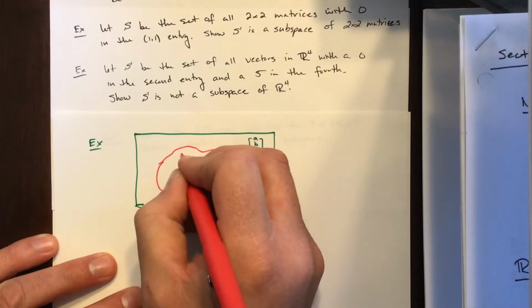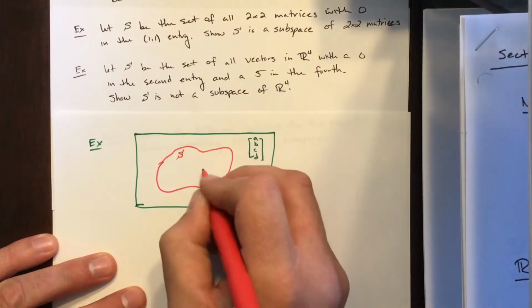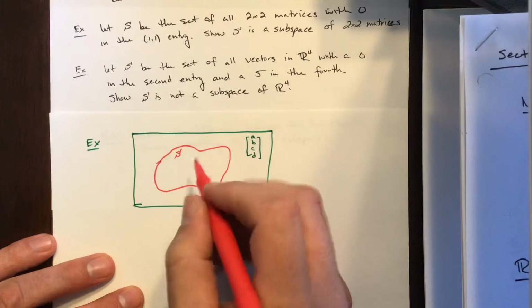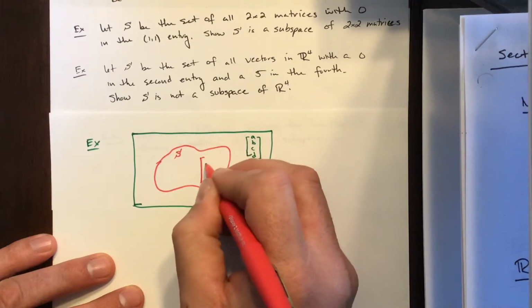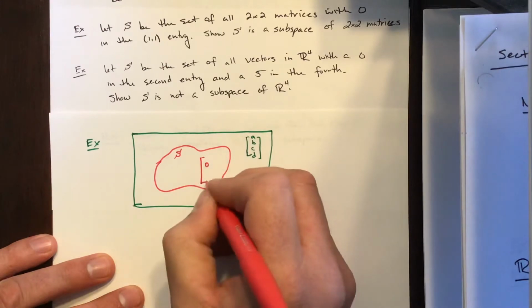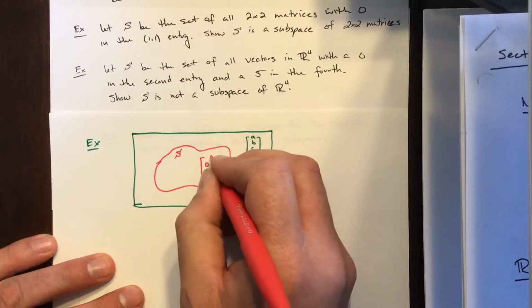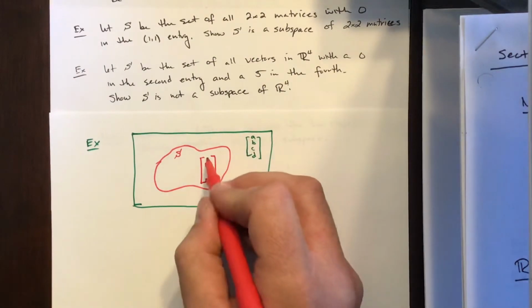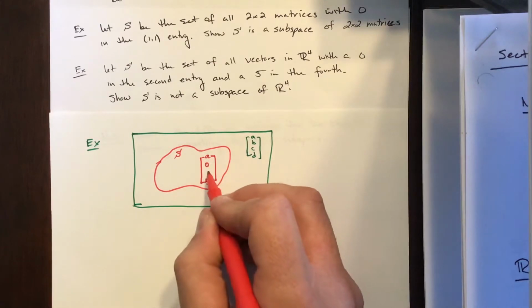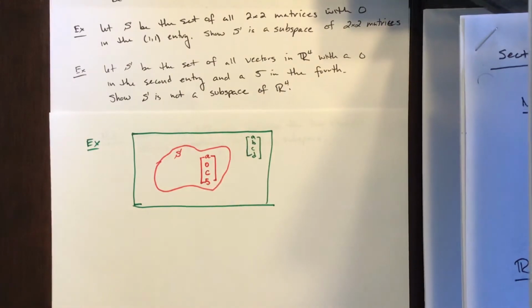A 0 in the second entry and a 5 in the fourth. Well, it doesn't give any restrictions on the first and third, so we can call this A and we can call this C. So the set of all vectors that look like A, 0, C, 5, where A and C are real numbers.